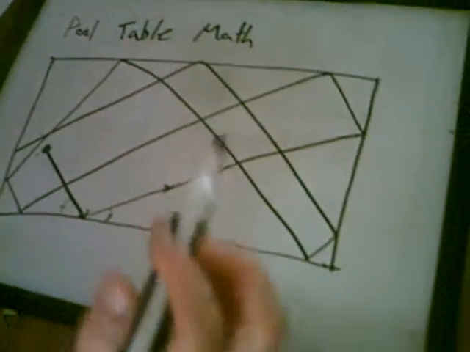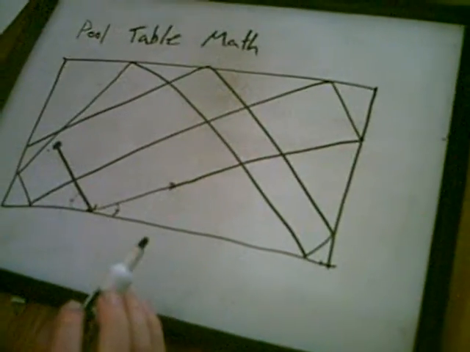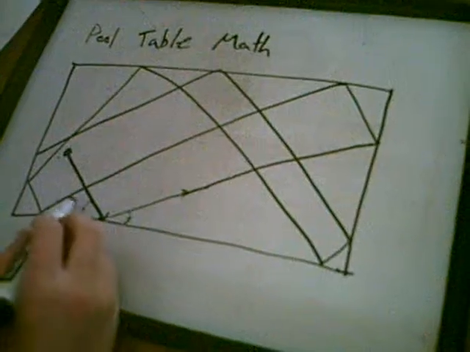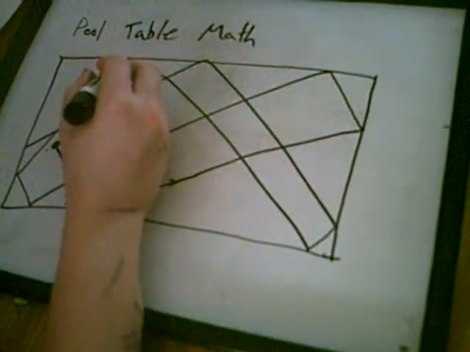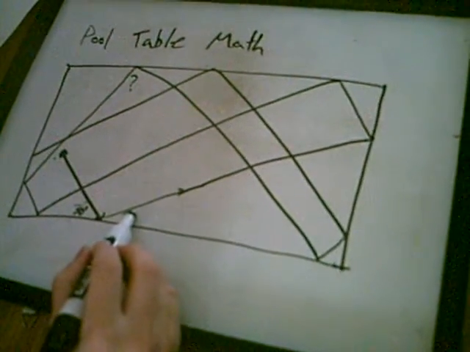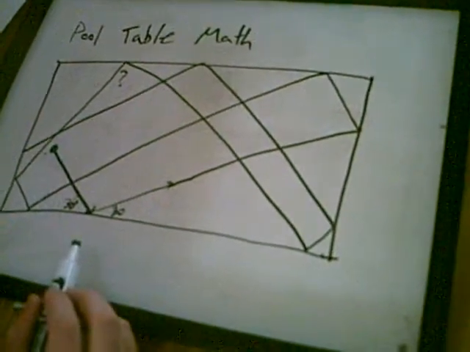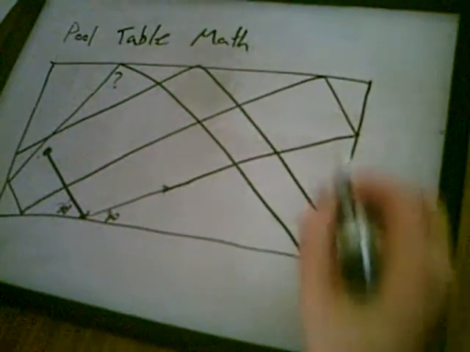Cool. So then, if I told you that this angle was 30 degrees, and I wanted to know what this angle is over here, you could go, well, this one right here is 30 degrees. And we know that this right here, see this big triangle?